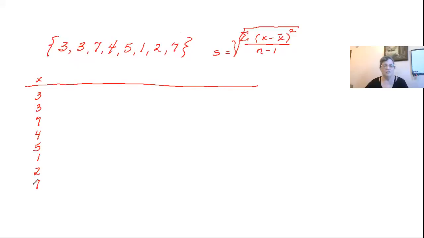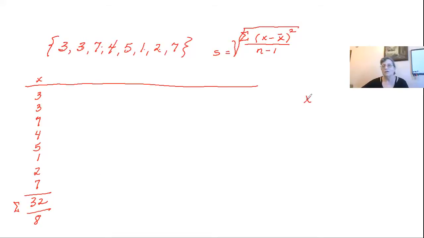To get our x bar, we want to get the sum of all of these. So the sum is, let's see, this is 10, this is 10, that's 20, this is 10, that's 30, and 2 would be 32. And then I'm going to divide by the number of numbers, 1, 2, 3, 4, 5, 6, 7, 8.